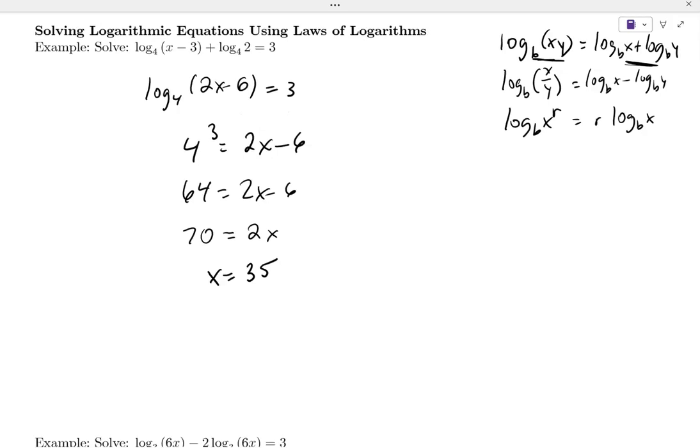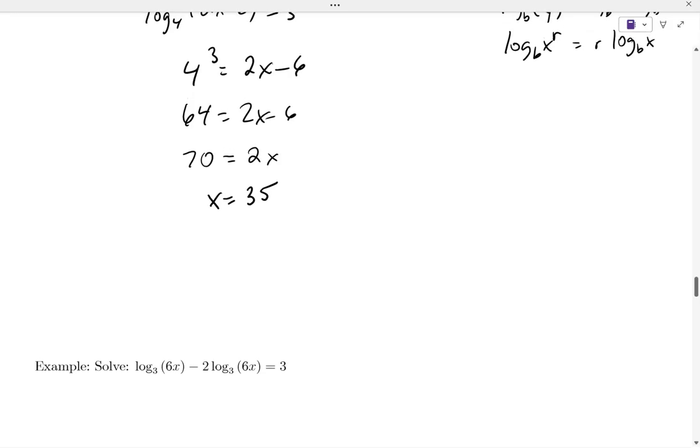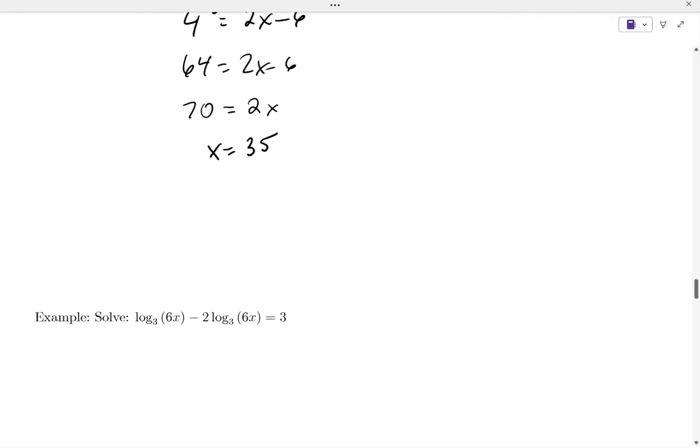Okay. Let's do the next one here. Again, the idea for this one is to combine the left-hand side into a single logarithm. In order to get the left-hand side into a single logarithm, what do I need to do first?